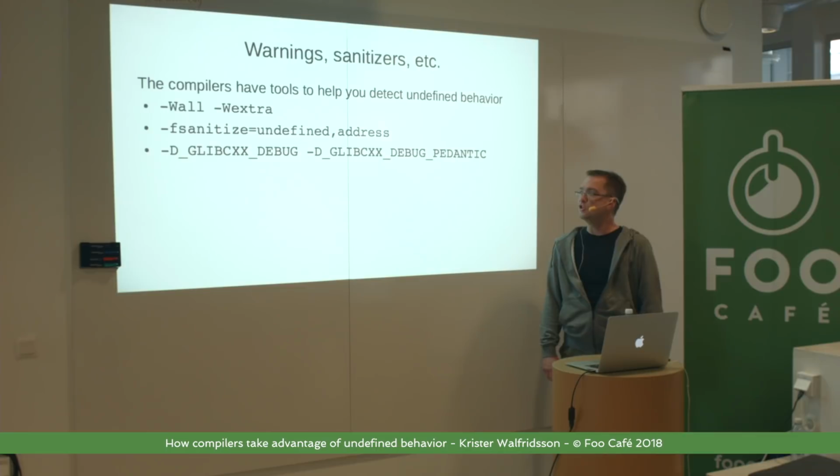The warnings usually tell you about many of the potential problems. We have the sanitizers that instrument the code to try to detect, I think, all of the problems I have told you about today. It doesn't catch all undefined behavior, but the majority of the cases.